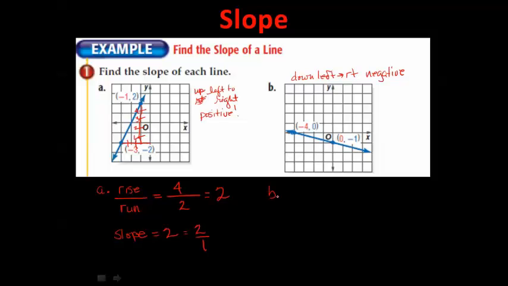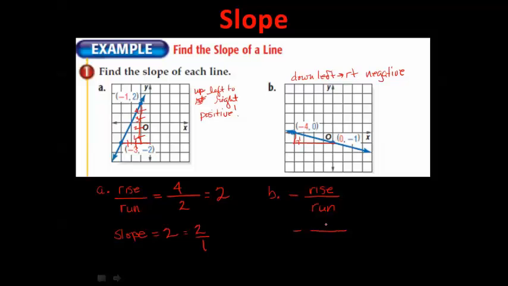Okay, with part B, I've already decided it's going to be negative because it's going down from left to right. And remember, you got to make your triangle. There we go. My rise is going to be 1. Oh, you know what? I ought to put rise over run. I ought to do this a few times until we get perfect.